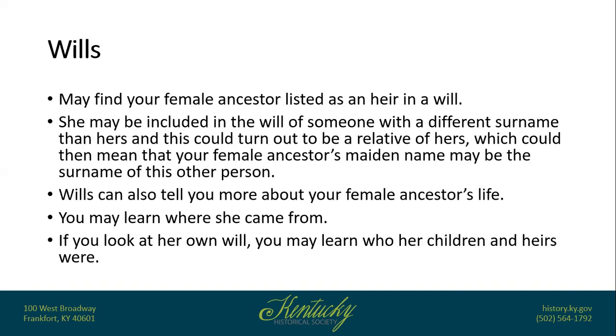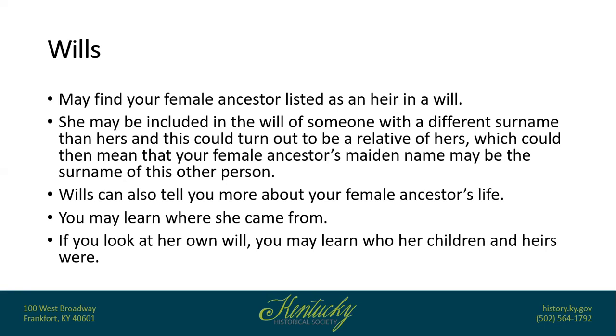And then there are also wills. You may find your female ancestor listed as an heir in a will. She may be included in the will of someone with a different surname than hers, and this could turn out to be a relative of hers, which could mean that your female ancestor's maiden name may be the surname of that person whose will it is. It can also tell you more about your female ancestor's life.